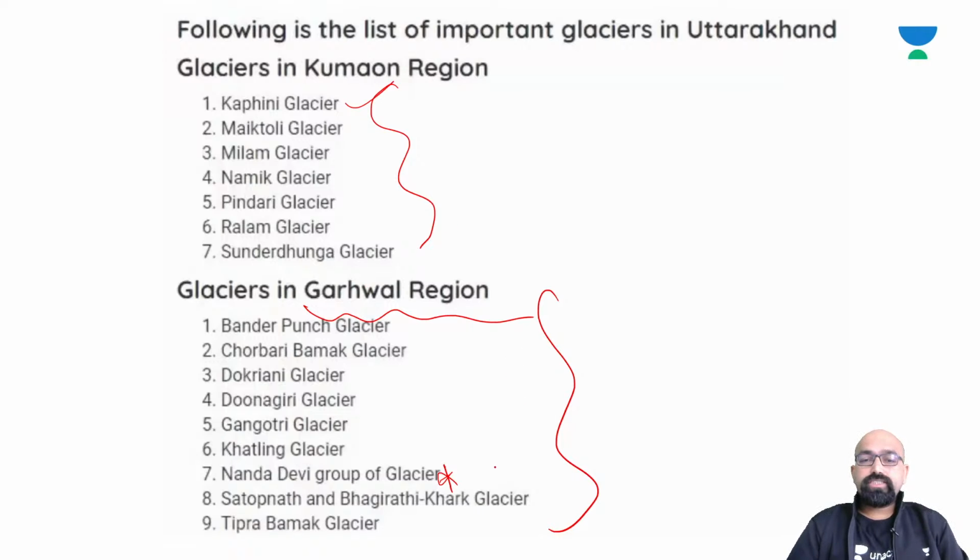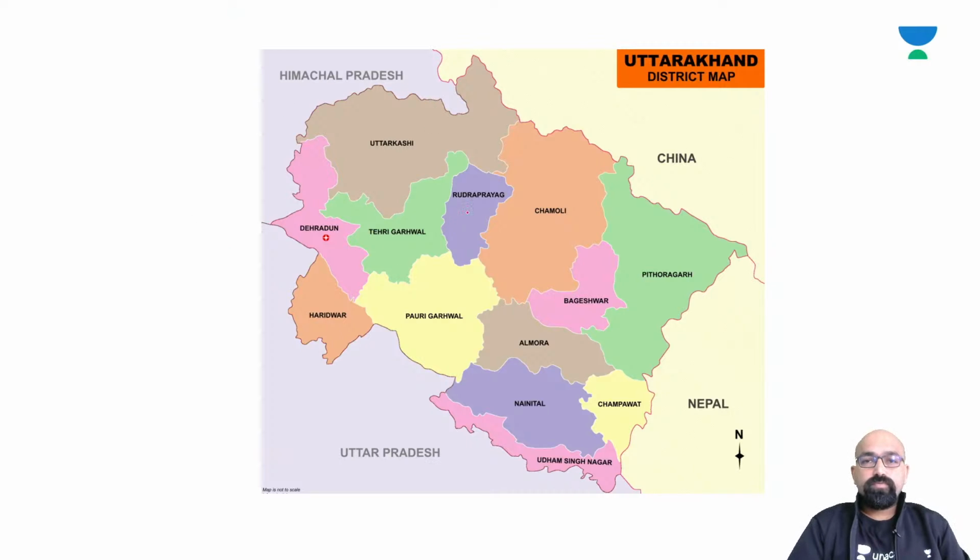Now in today's session we'll see the Nanda Devi group of glaciers because it relates to the recent glacier burst in Uttarakhand. Right. Now see, this is the map of Uttarakhand. So these are the districts.